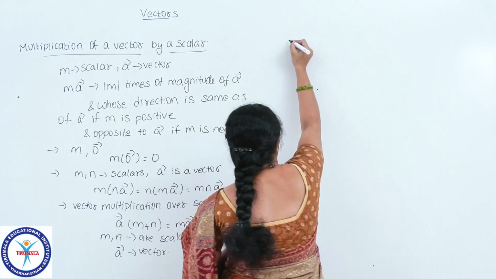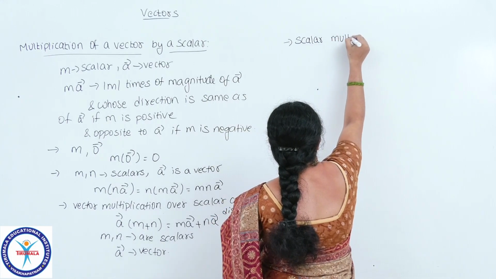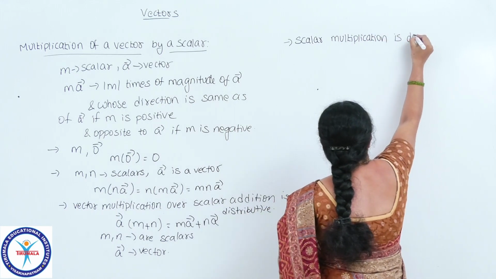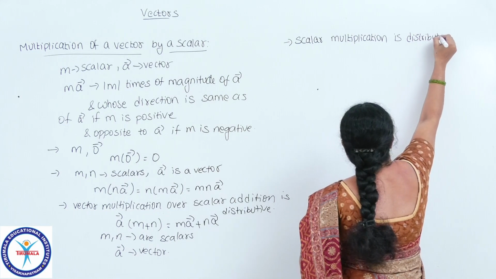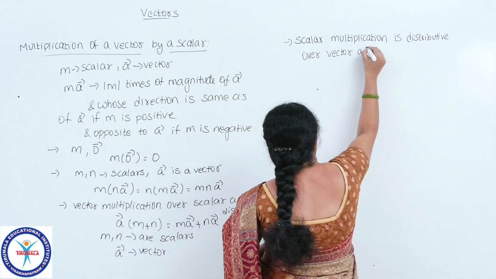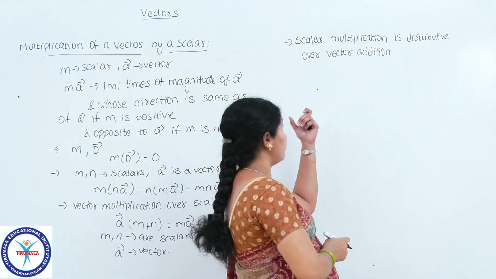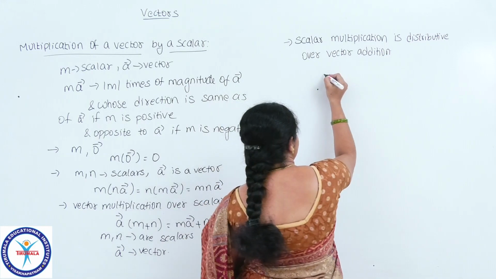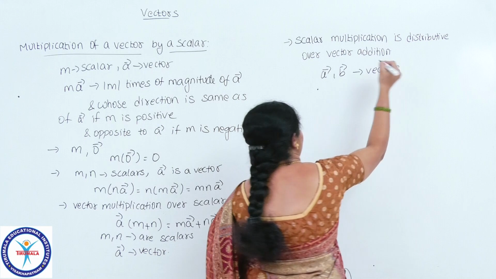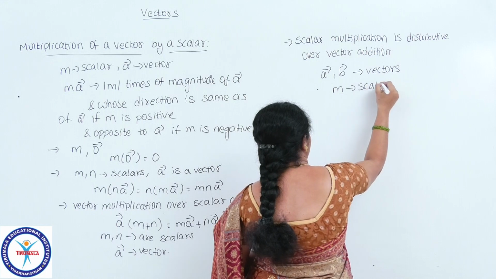Now, let us see that scalar multiplication is distributive over vector addition. So let us consider a bar and b bar as two vectors and consider a scalar m.